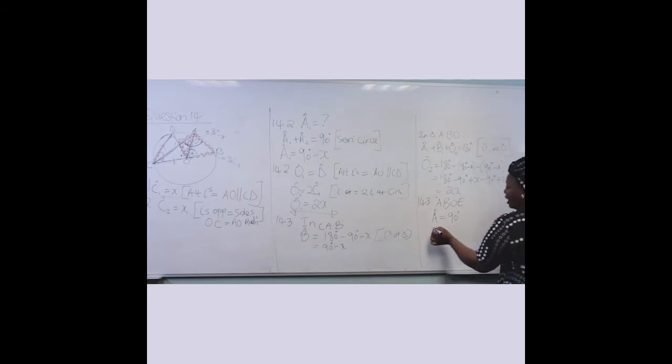Now we are looking for angle O1 plus angle O2. What is it that they give us? We have solved that angle O1 is the same as 2x, and angle O2 is the same as 2x. So O1 plus O2 is equal to 4x. And how can we represent this to be 90?